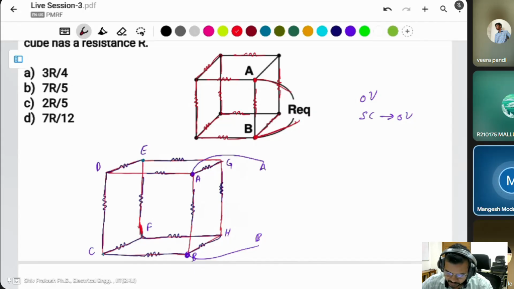I think the product, if we take CF resistance multiplied by DC resistance, it's R square, and DE and CF, if we take the product, it will also come out to be R square. So since the product of cross arms are same, the bridge is balanced.